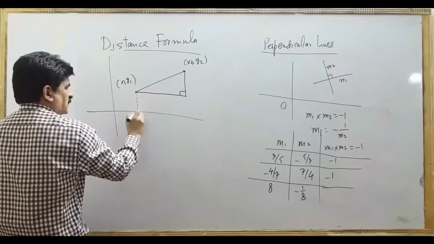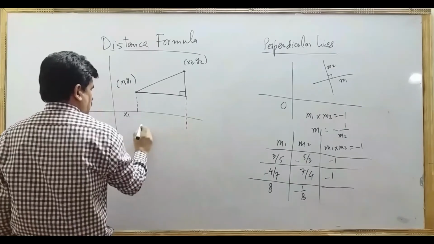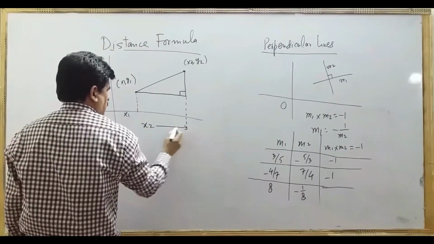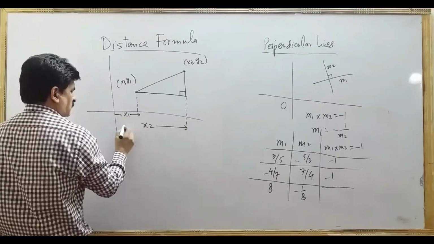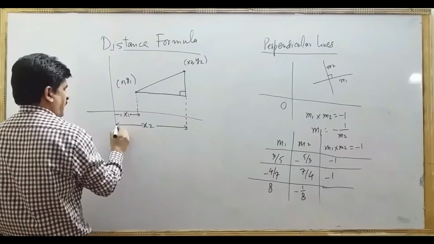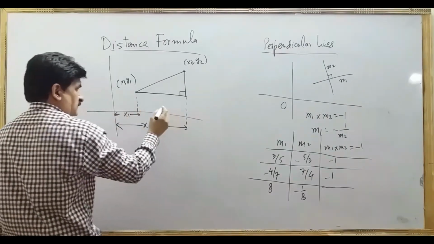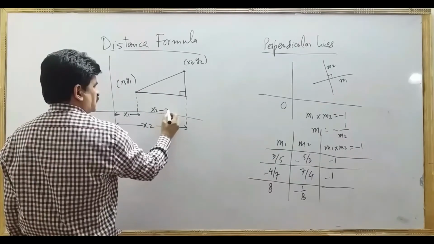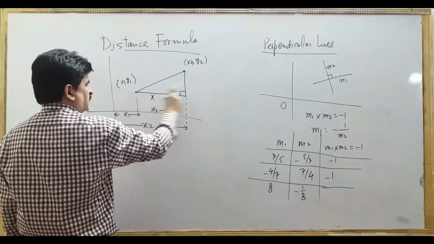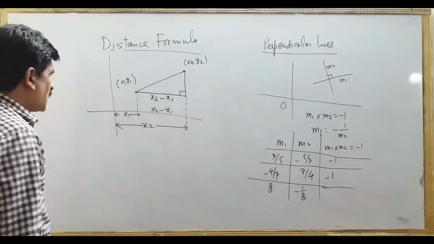Now this length is x1, this length is x2. What will be this length? This length will be x2 minus x1. This is a rectangle, so this will also be x2 minus x1.